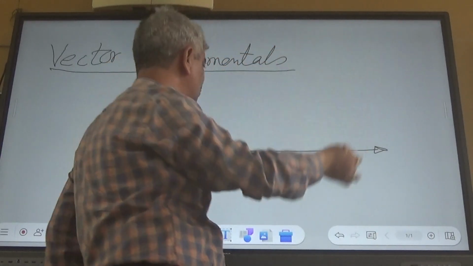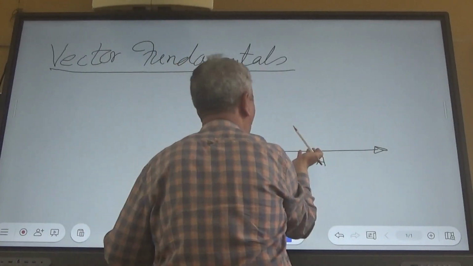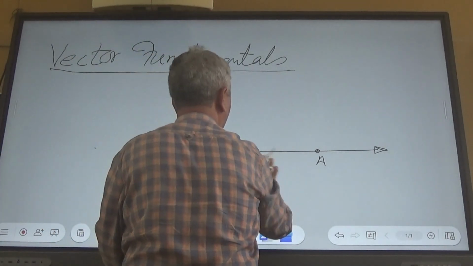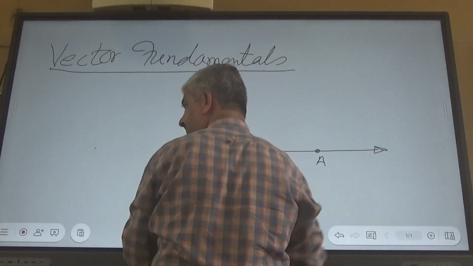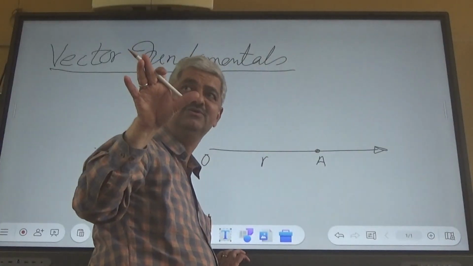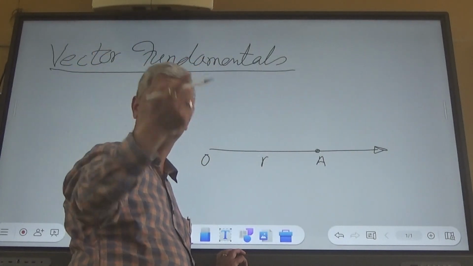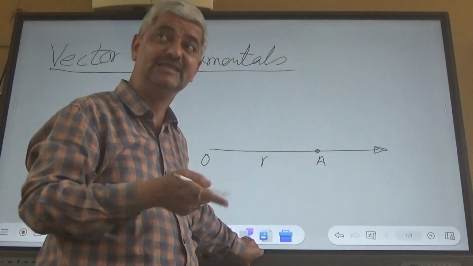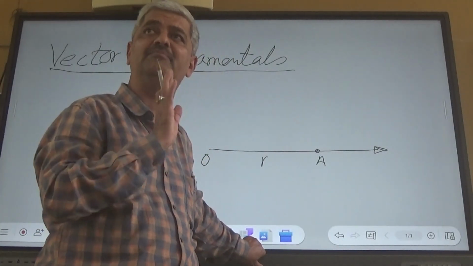So in the 1D world, this origin is A, or it can be on this side. We use R for magnitude, R and theta, but theta was either 0 or pi. So infinite combinations for R, which can be any positive real number, and theta has only two combinations, 0 or pi.